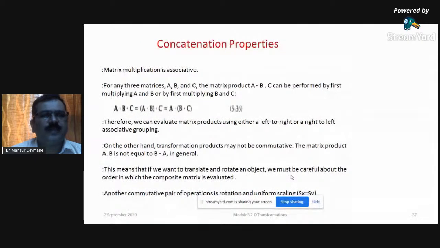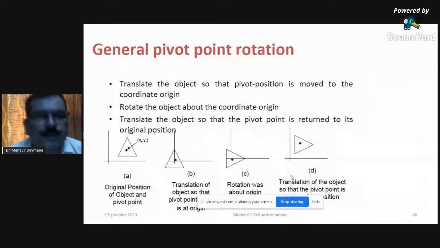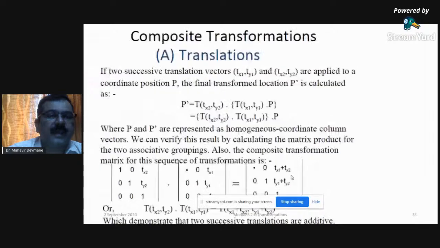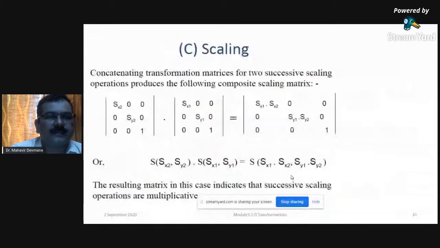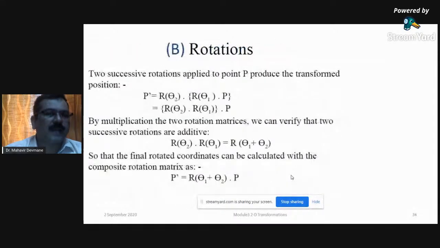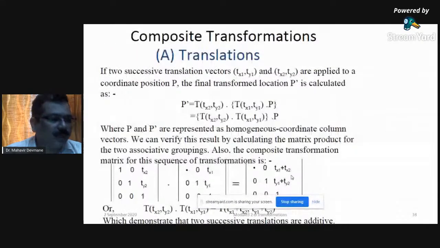See, sometimes what happens, we require to perform a kind of operation with reference to a fixed point. Here we are going to see the rotation of the object with reference to a fixed point. Whatever matrix we have got for the rotation, okay, that particular rotation matrix we got is only with reference to the origin.